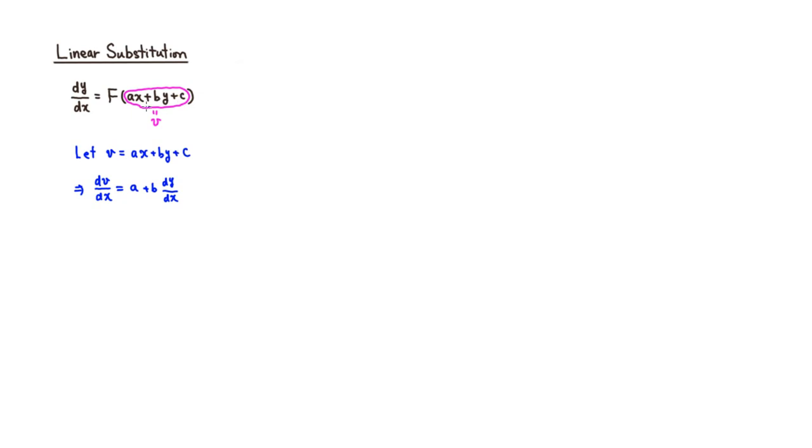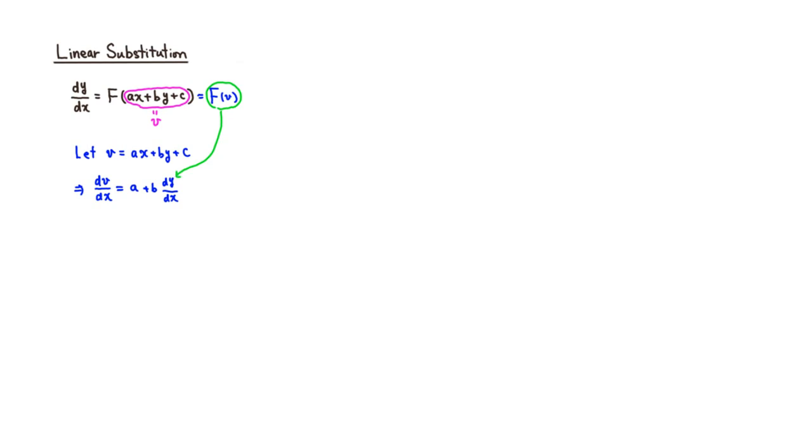Then you can see that since we can call this whole entire expression inside v, we can call this f of v, right? So this is equivalent to dy over dx. So what we can do is take this and plug it in here, right?